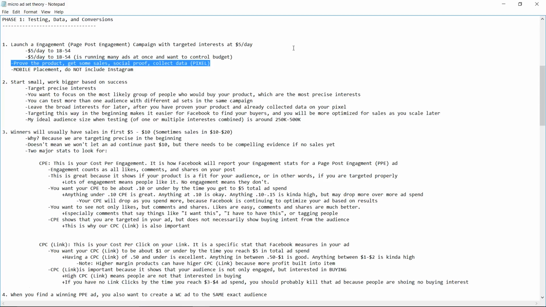It's not just a blank ad. Nothing looks more awkward than when you see a blank ad with no engagement on it at all. And every ad starts that way. But for me, it's always like I want to get through that phase as quick as possible. So I start the engagement ad to get that ad out there and see what kind of reaction I get.